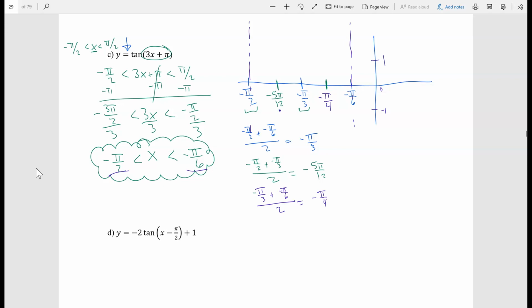So this one's going to have the negative 1, this one the 0, and this one the 1. So we just graph it like this, whatever that might look like, and we only want one period of that. All right, now let's do this last one.